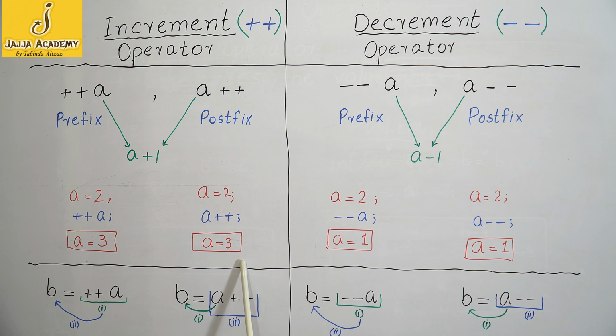One is the assignment operator, equal to symbol, and the other operator is increment operator, and it is the prefix form of increment operator. Now look at this statement, b is equal to a plus plus. In this statement again I have used two operators. One is equal to symbol and the other operator is increment operator.